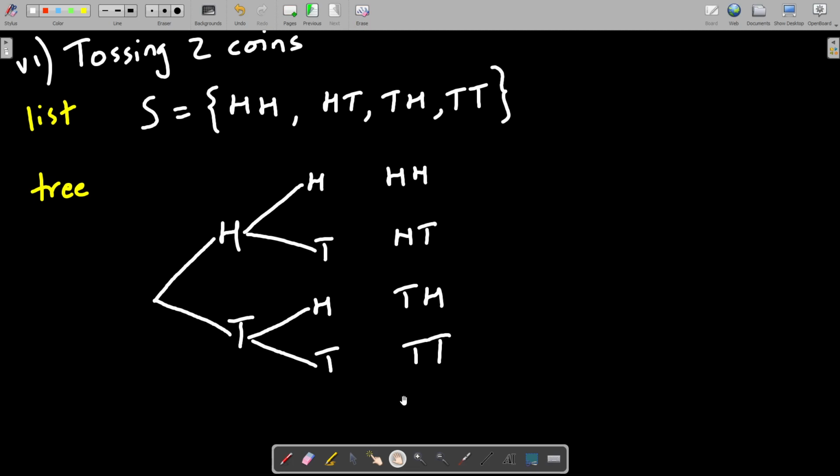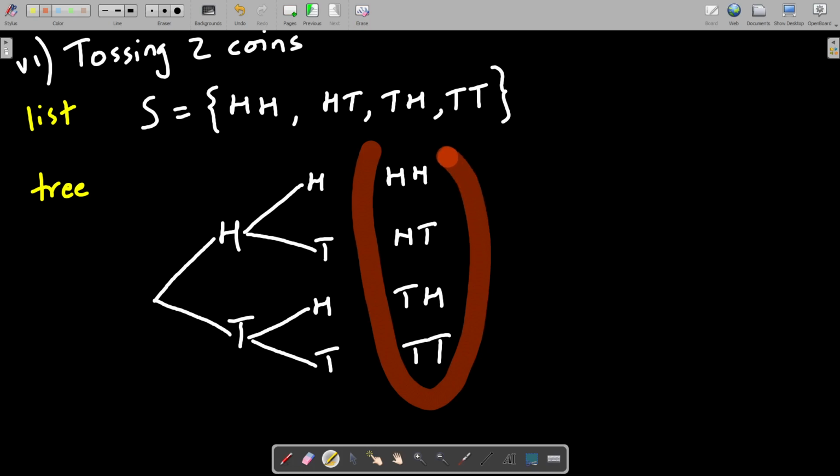So this is what you call the tree method of listing a sample space. This entire thing I have drawn here is your sample space, the same thing I have written on top as a list.